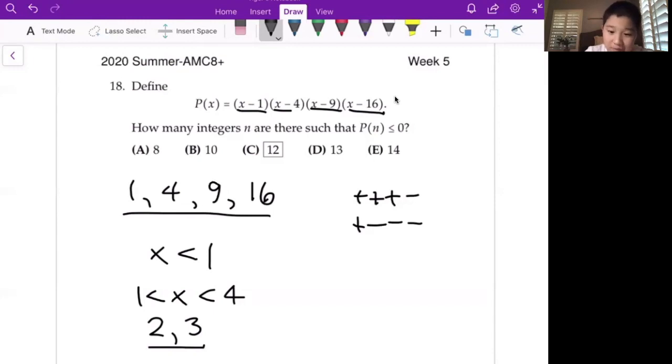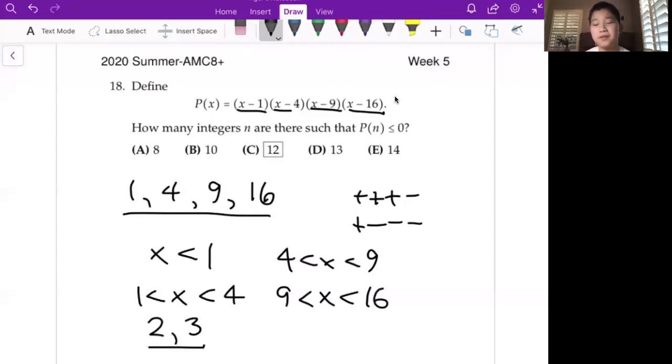And then if x is between 4 and 9, then there are 2 negatives and 2 positives, so that won't work. And then if x is between 9 and 16, then there are 3 positives and 1 negative, so it works.